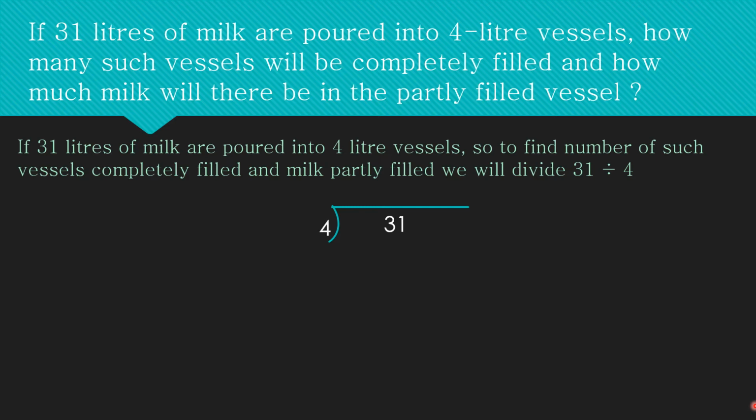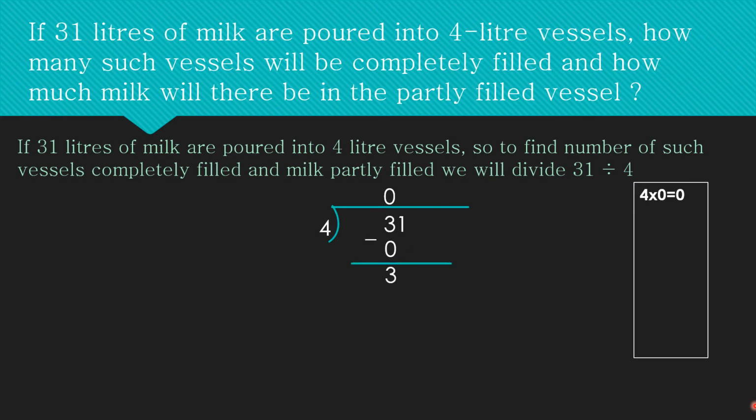As we are dividing by 4, we will write the 4 times table. 4 zeros are 0. Here as 3 is smaller than 4, so we will first take 0. So 4 zeros are 0. 3 minus 0, we will get answer 3.